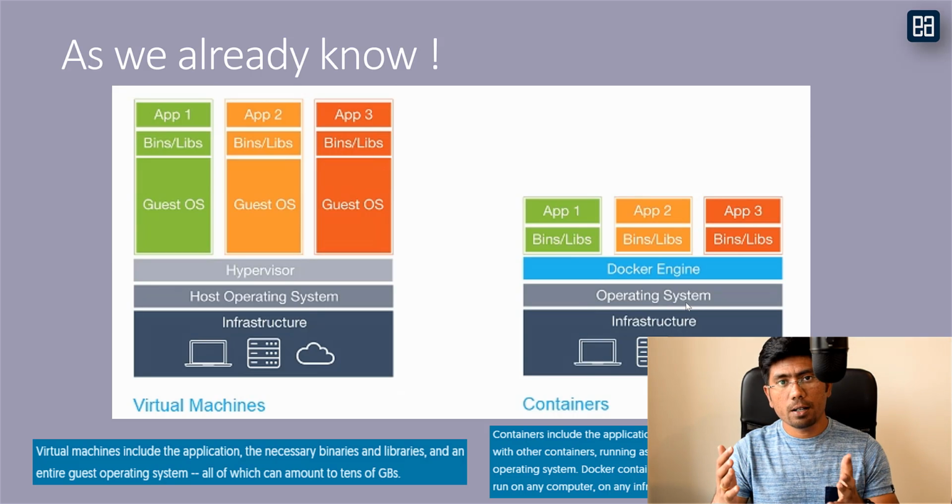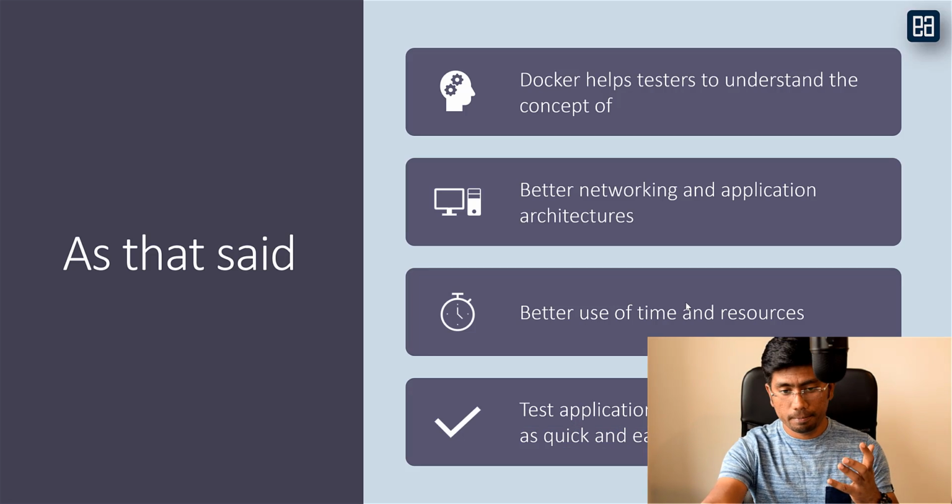Whereas in the Docker world, we call everything containers, and containers include the application and all its dependencies, but share the kernel with other containers, running as isolated processes in user space on the host operating system. So Docker containers are not tied to any specific infrastructure. They run on any computer, on any infrastructure, and on any cloud. That's the power of Docker itself.